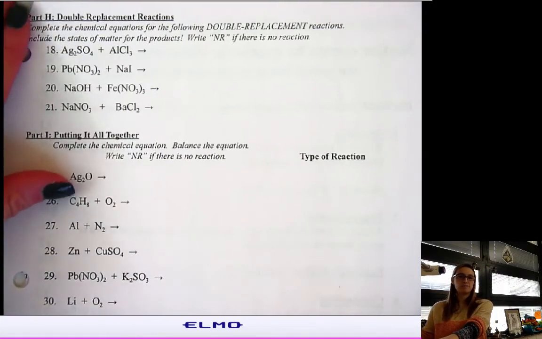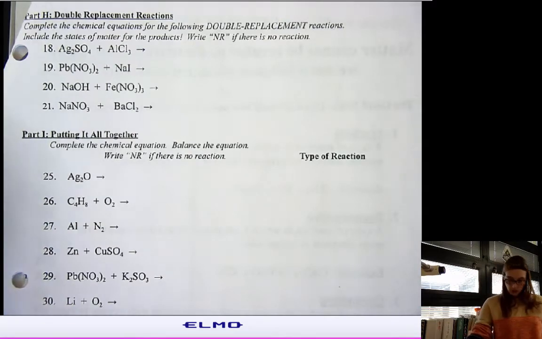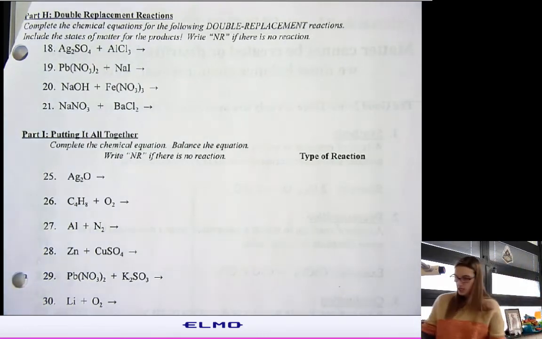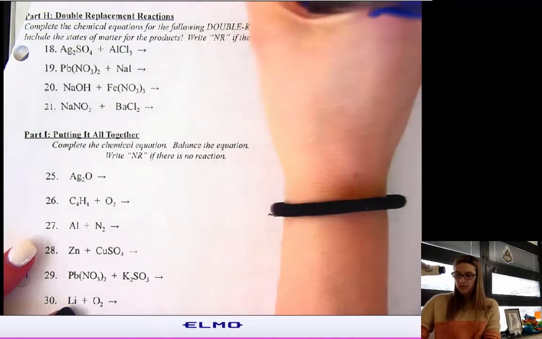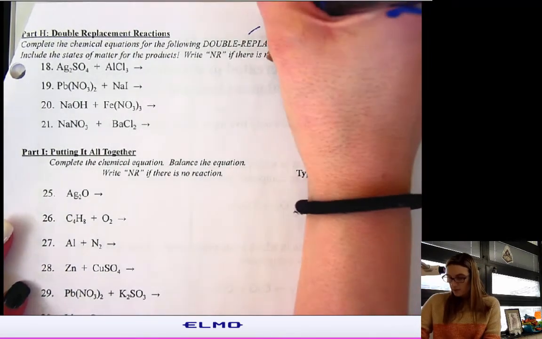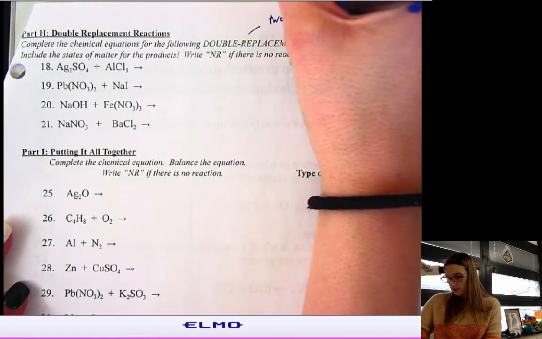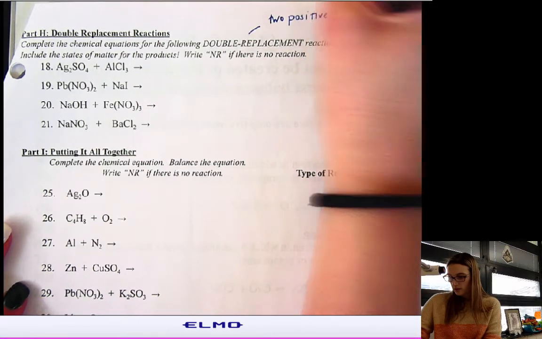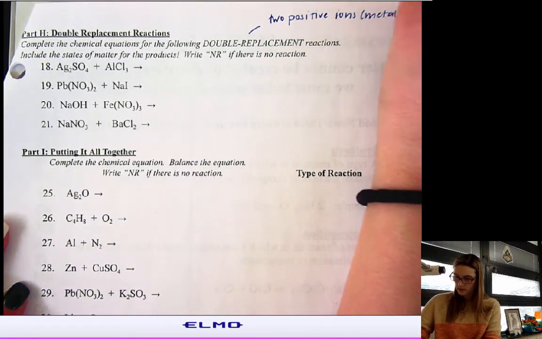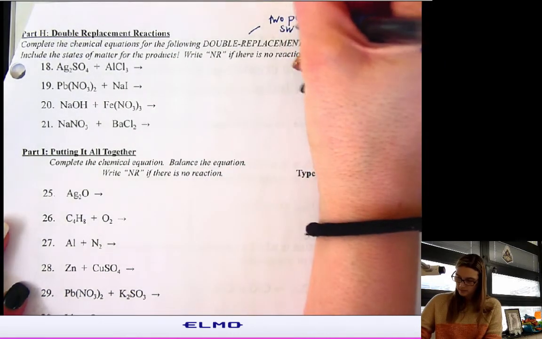Okay, so the last type of example that we're going to look at is a double replacement reaction. We're just going to look at one of these together, and then there'll be some time to practice. So for double replacement reaction, just a reminder of what double replacement reactions are. We have two positive ions, right? Typically these are metals, switch places.